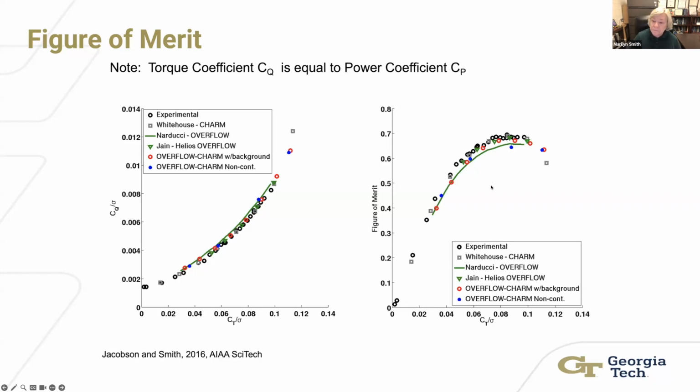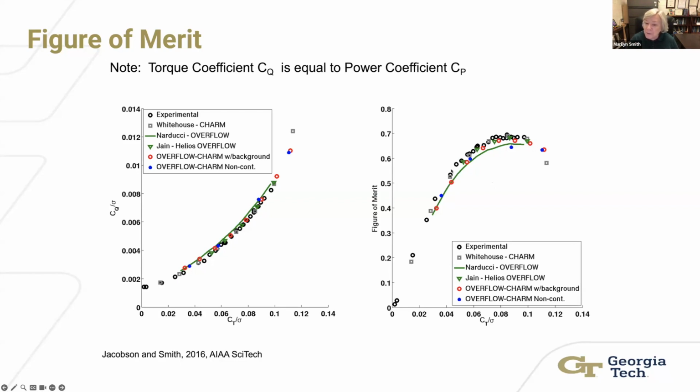Now, it's not just the mesh here, but the fact that we have the CHARM, it sets up the wake faster. So those results, especially down in this range, were approximately 10 to 15% the cost of the Narducci, which was 1/6 the cost of Jain's stuff.